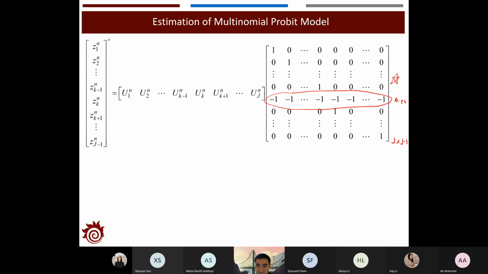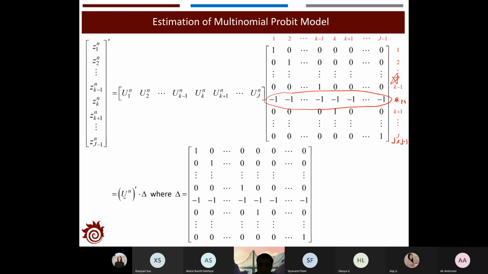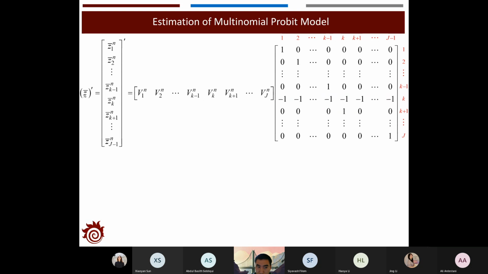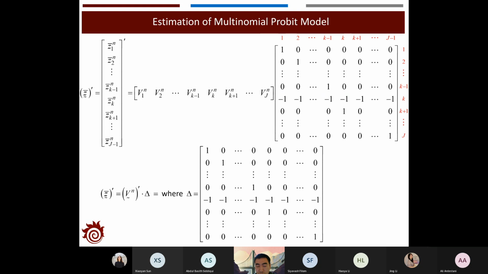So that's what we get for the transformation matrix, and then obviously you can write them into the matrix format, and we assume that the transformation matrix is the delta. With that, we can then find out the matrix format for the deterministic component. So that will be V times the delta.